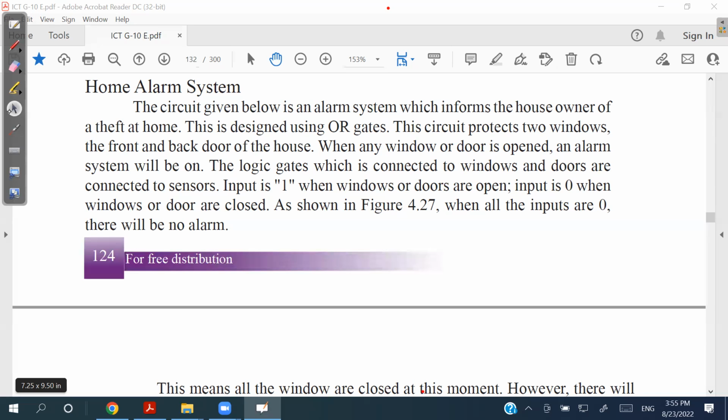So now let's think about it in a practical manner, people. This is a home alarm system. So there will be a home, right? And it says this home has 2 doors and 2 windows.